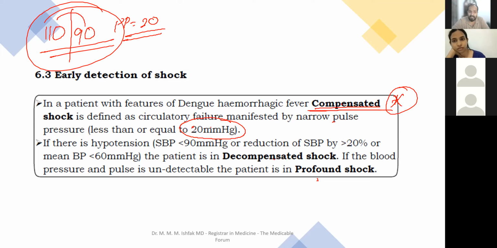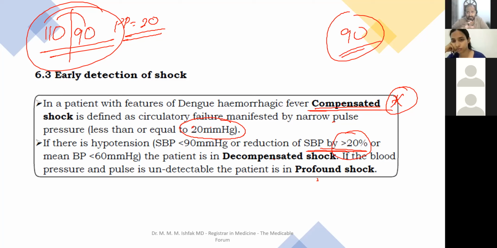Next, if there is a hypotension, like systolic blood pressure either less than 90 or there is a reduction in systolic blood pressure of more than 20%. Now, why have they mentioned this? Because some people can have normal blood pressures with a systolic blood pressure of 90. So that 90 does not count as decompensated shock.